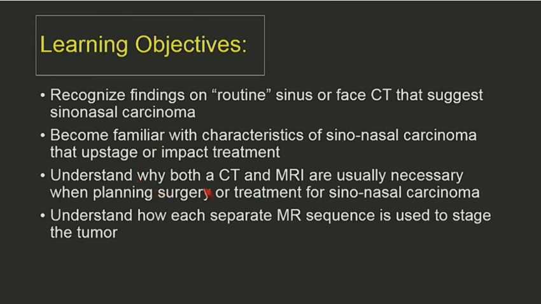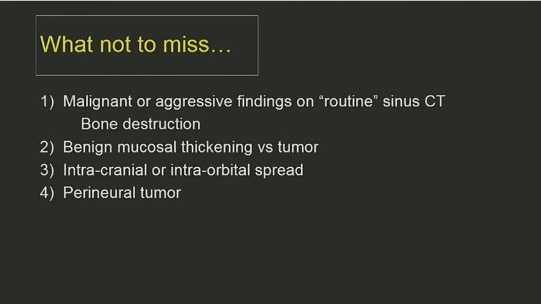For the most part, both CT and MR are virtually always needed to plan surgery or treatment for sinonasal carcinoma. And finally, I use each separate MR sequence for a different reason. I look at all the images, but I know that on a T1, I'm looking for something very different than on a T2 image. So I've chosen 4 ideas that I'm going to go through in a stepwise pattern.